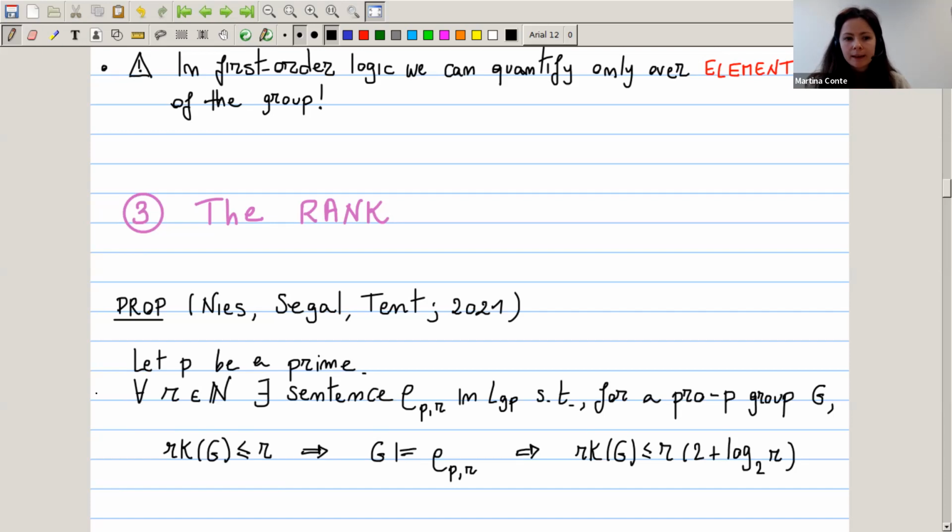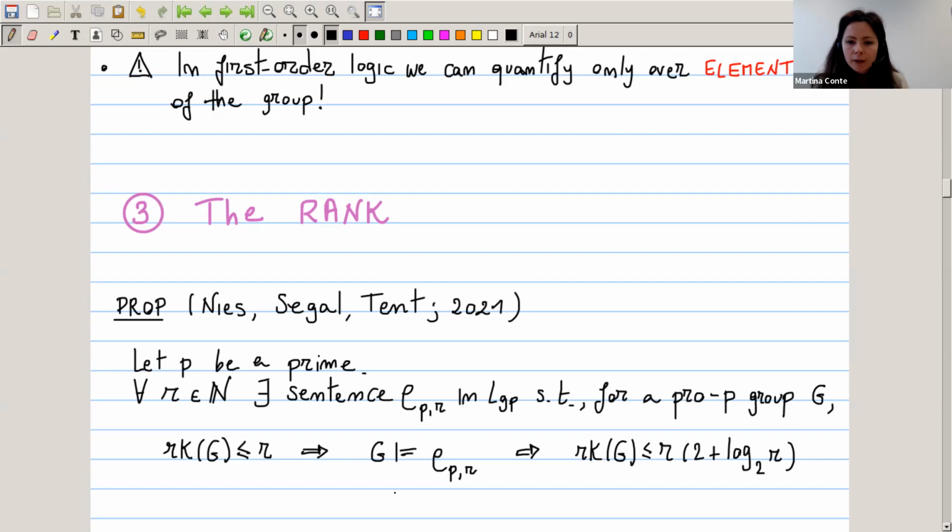And among many results contained in this paper, one can find also this proposition regarding the rank of pro-p groups that states the following. For all natural numbers R, we can find a sentence rho_{p,R} in the language of groups, such that for a pro-p group G, if the rank of G is bounded by R, then G satisfies such formula rho_{p,R}.